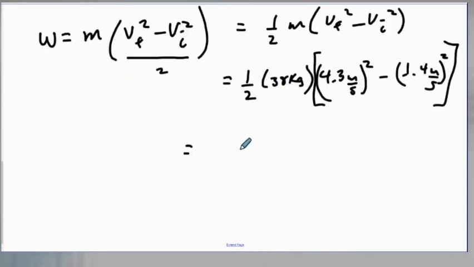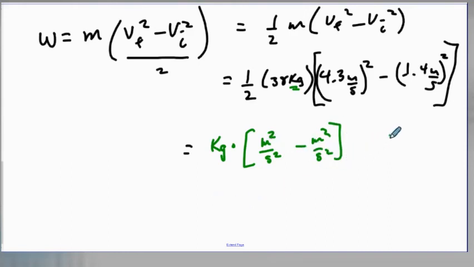Okay, I'm just going to look at the units here first. Here I've got kilograms being multiplied, and in the brackets, I've got meters squared over seconds squared taking away meters squared over seconds squared. Since those are the same units, they just come out of there.